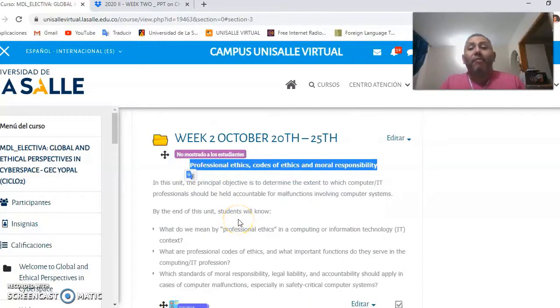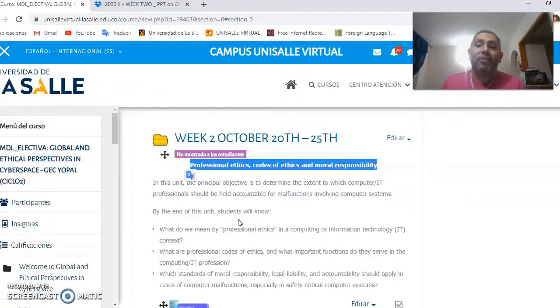The main objective is to determine the extent to which computer or IT professionals should be responsible for ethical and moral situations when using computers, technology, internet, etc.